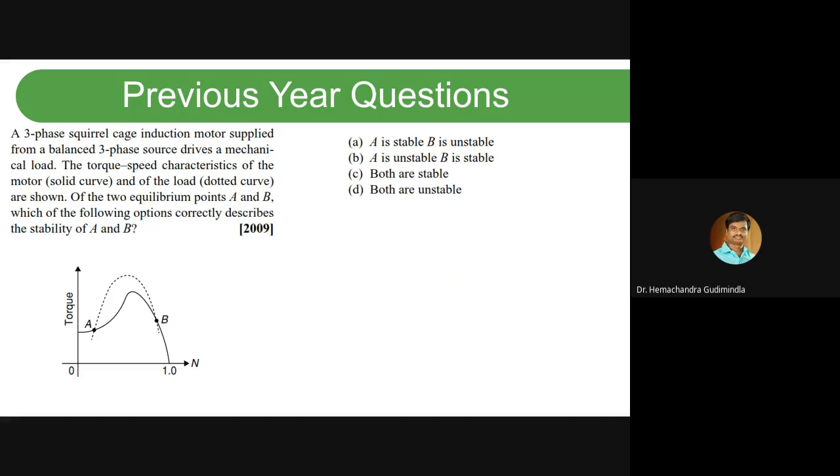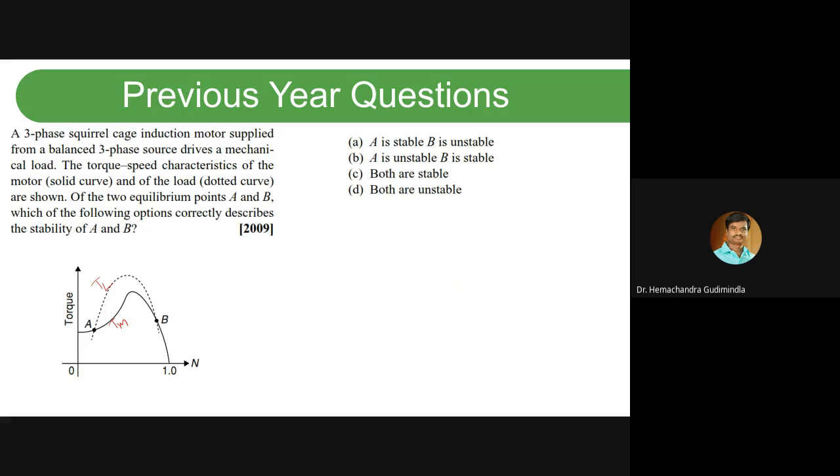Right. Now in this question, a three-phase squirrel cage induction motor supplied from a balanced three-phase source drives a mechanical load. The torque speed characteristics of the motor: torque developed by the motor is Tm, that is the solid line, and the load torque is TL, of the two equilibrium points A and B. Equilibrium points A and B are given.